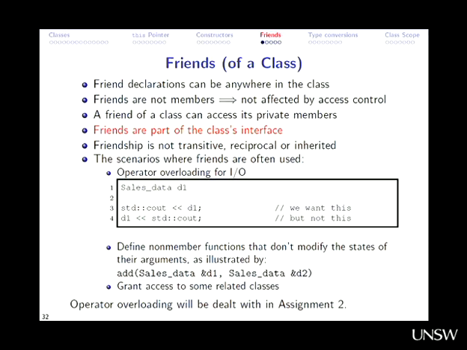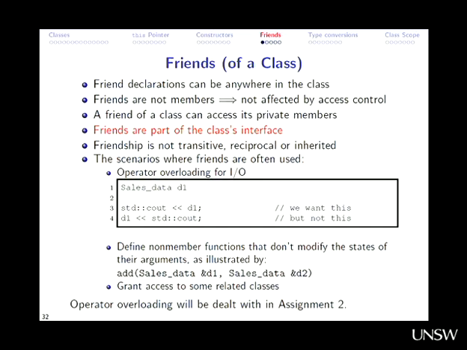Friendship is not transitive, reciprocal, or inherited. What that means is I have class A and I say class A allows class B to be a friend of class A. It does not mean that class A is then a friend of class B. It works in one direction only.